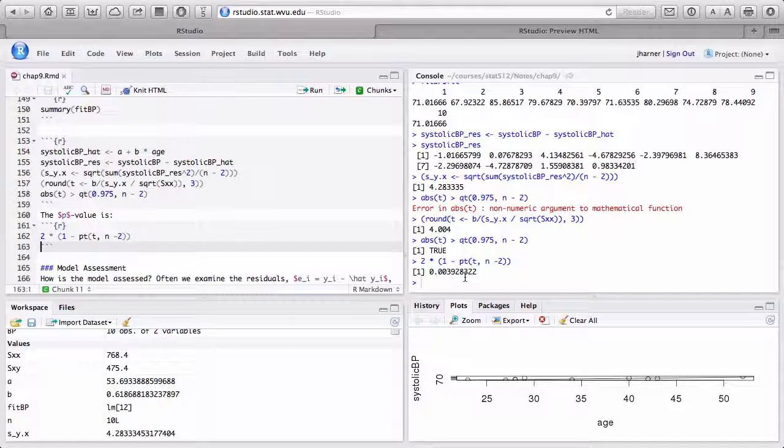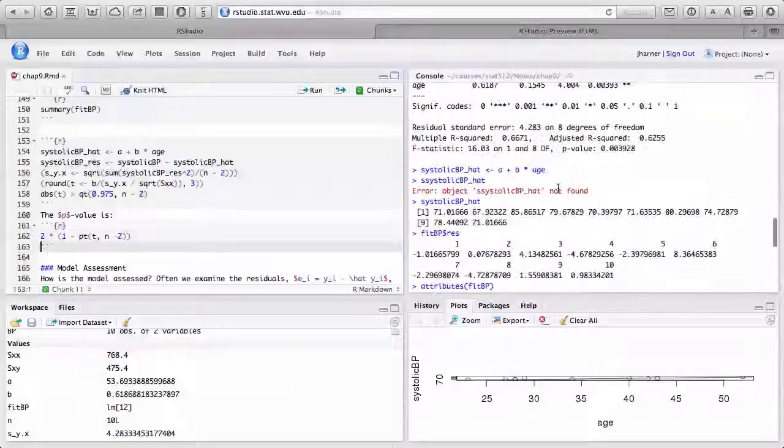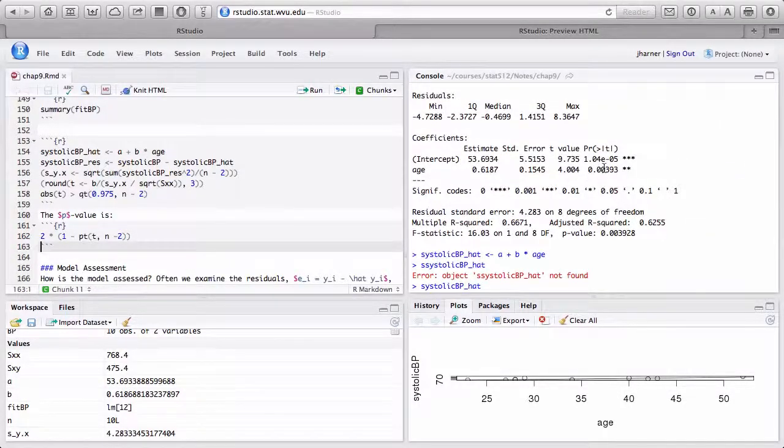Since I'm in the upper tail, it's the probability I'm greater than that. So I'm going to have to subtract that from 1, but since it's two-sided, I have to double it. So when I compute this, I get 0.0039, and again, that corresponds to this. So using R as a calculator, I've replicated essentially everything in that table.